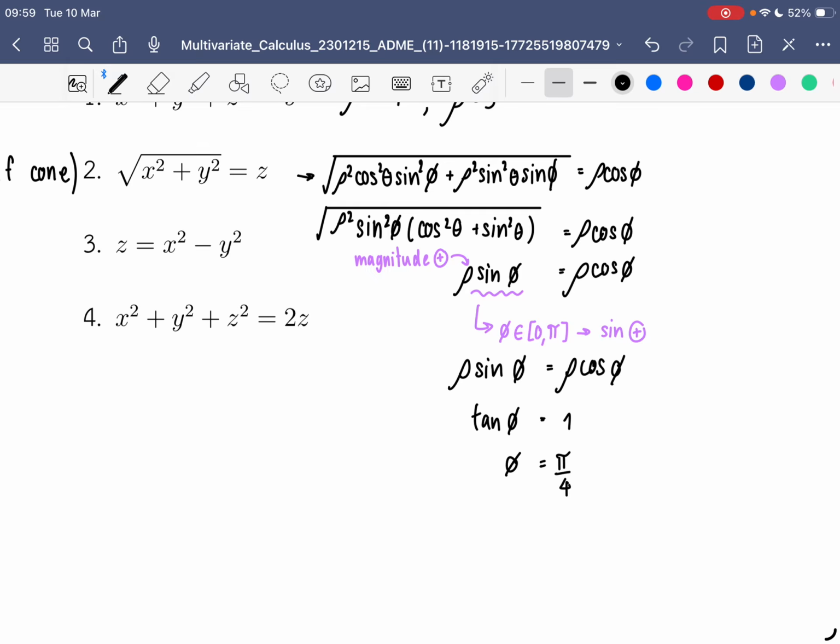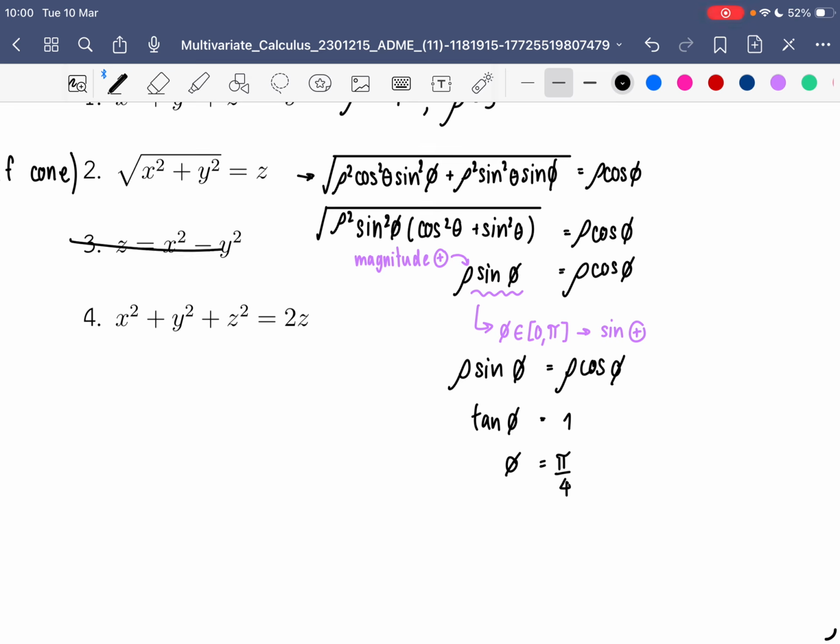For number 3, I'll skip. Again, it's a saddle. It's kind of useful in terms of explaining the saddle point that we did before midterm. In terms of integration, the saddle is going to be very negative. So I'll skip it. We mostly deal with cones, maybe paraboloids, and spheres, maybe ellipsoids.